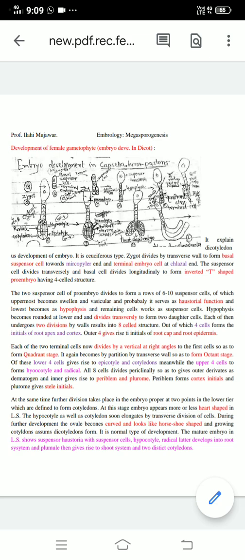First the division of the zygote to the formation of the proembryo, then proembryo formation, then starting to develop the octant stage, which gives rise to the root cap and the root initials. The third part is from the quadrant stage to the octant stage, and the octant stage gives rise to the peribleum and pleurome, as well as the stele initial cells and cortex initial cells.